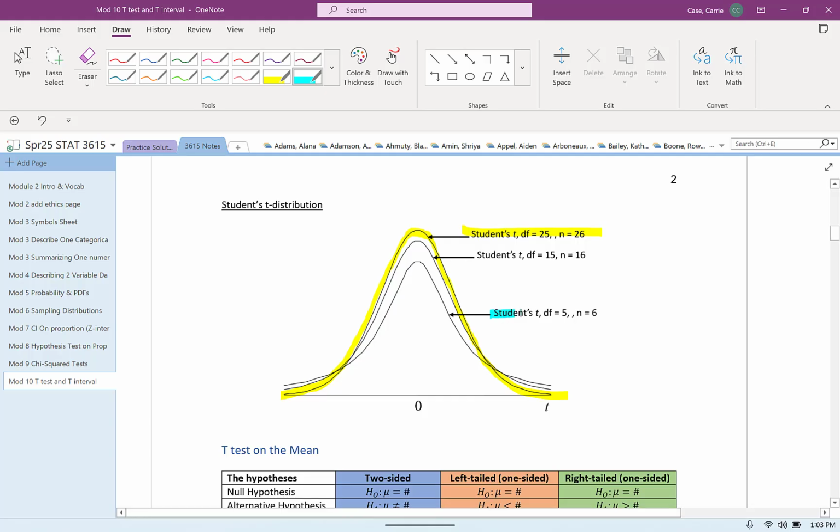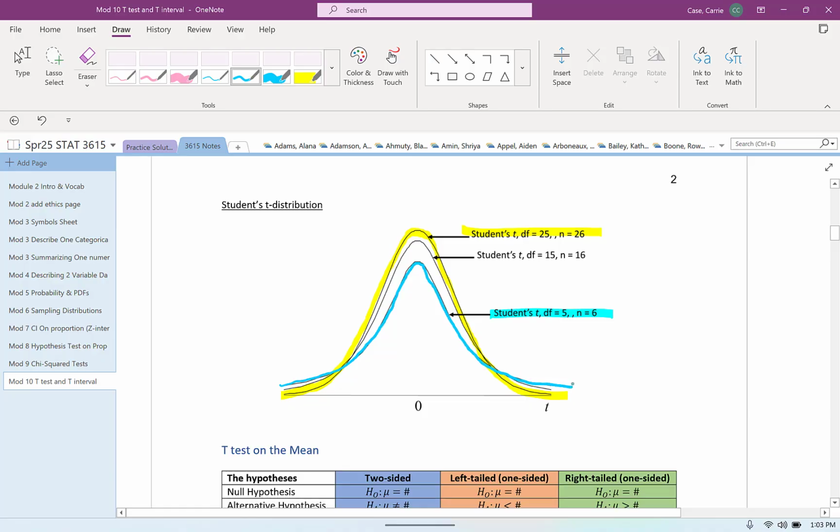Then the smallest graph, when sample size is 6, this graph has more area in the tails and less area in the middle.